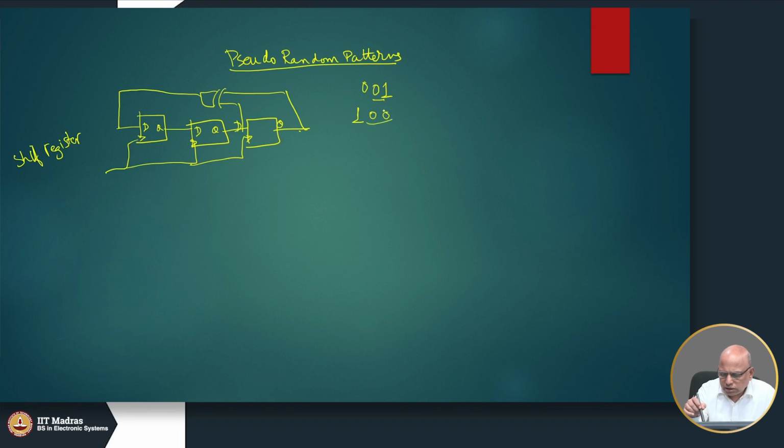In the next clock cycle, again the XOR of the last 2 bits will get loaded, and it will shift. Again the XOR of the last 2 bits gets loaded, it will shift.